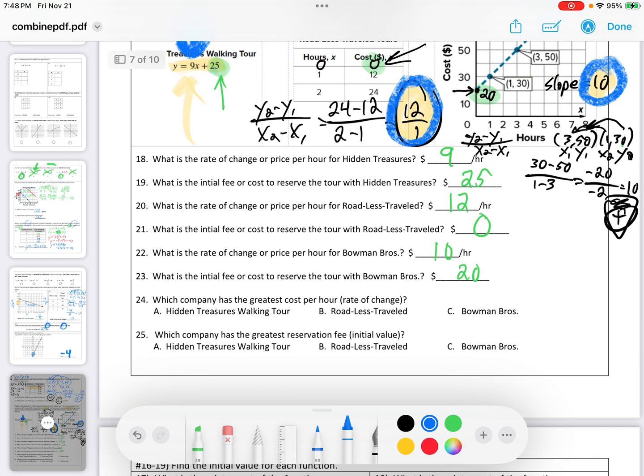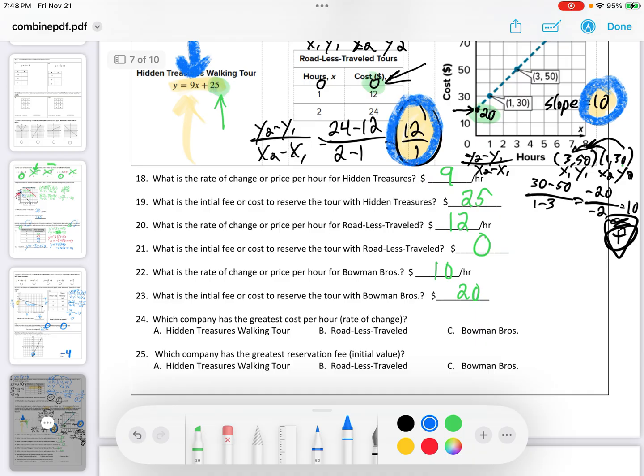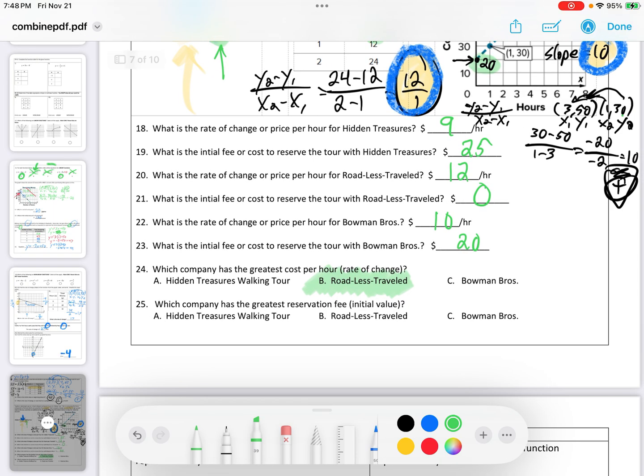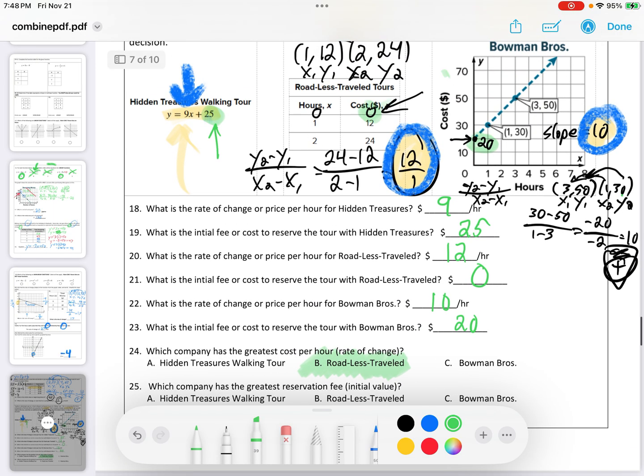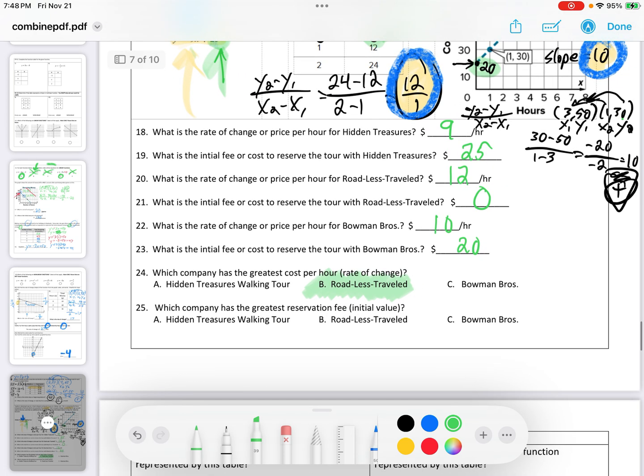Which one has the greatest cost per hour? 12, so that's Road Less Traveled. All right, highlighter, yay. Which company has the greatest reservation fee? Well, obviously not them, because they're 0. $25 and $20. So it's Hidden Treasure. Ta-da!